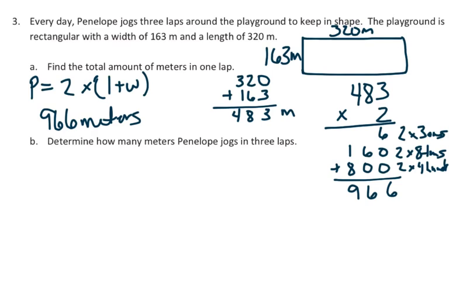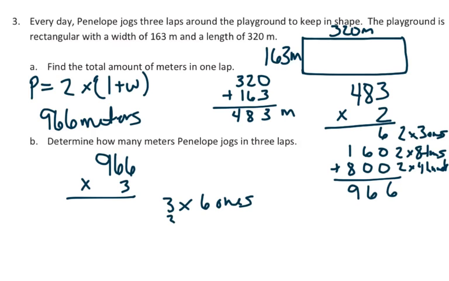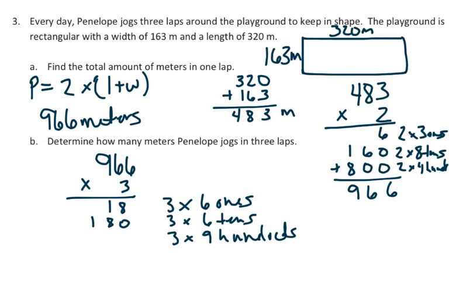My partial products would be 3 times 6 ones, 3 times 6 tens, and 3 times 9 hundreds. 3 times 6 ones is 18 ones, 3 times 6 tens is 18 tens, and 3 times 900 is 27 hundreds. When I add those together, I have 2,898 meters. Okay, put my comma there.